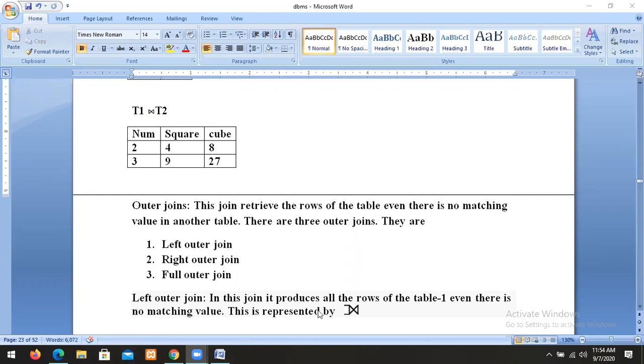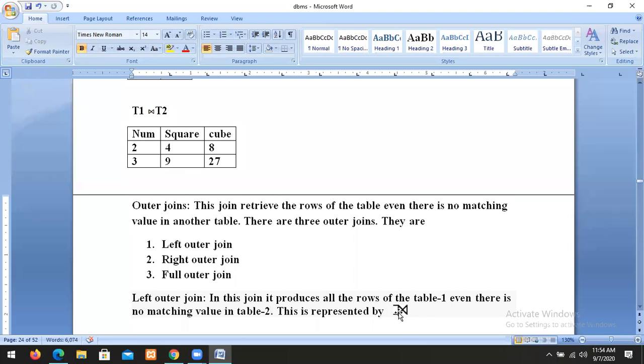In a left outer join, it produces all the rows of table 1, even if there is no matching value in table 2. This is represented by this symbol. It joins with the left side, so we call it a left outer join.